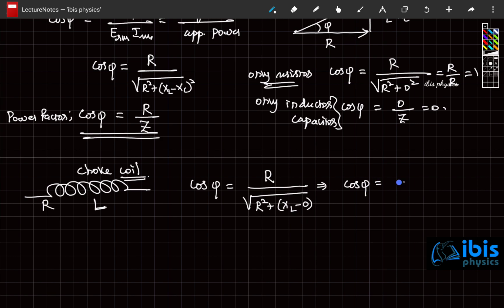So the power factor for a choke coil is R divided by the root of R square plus XL square. We'll discuss further things in another video.